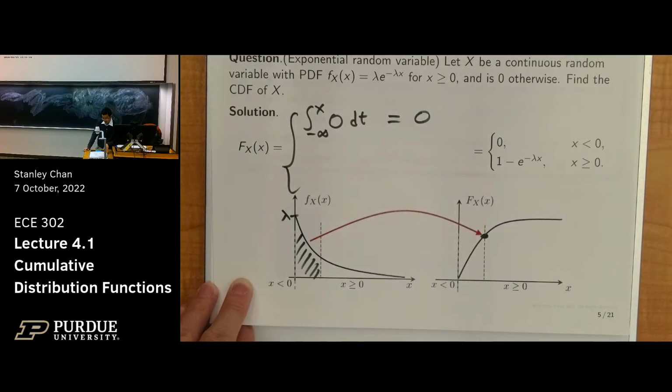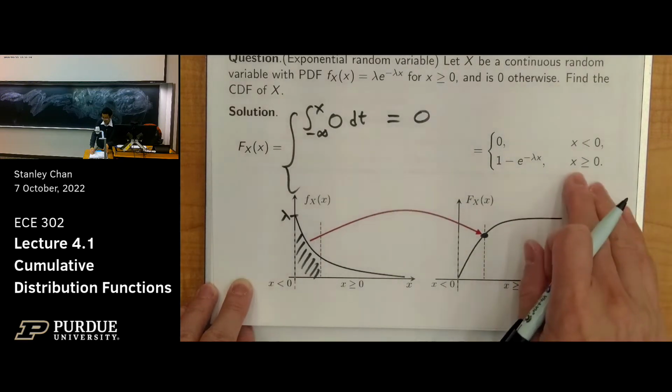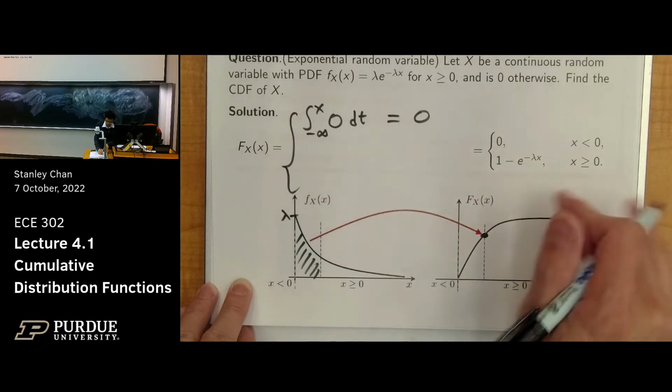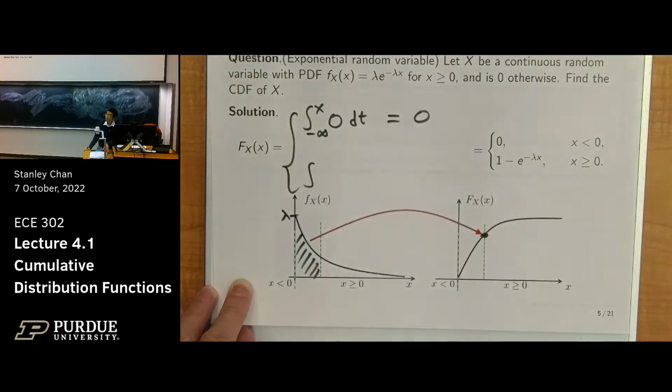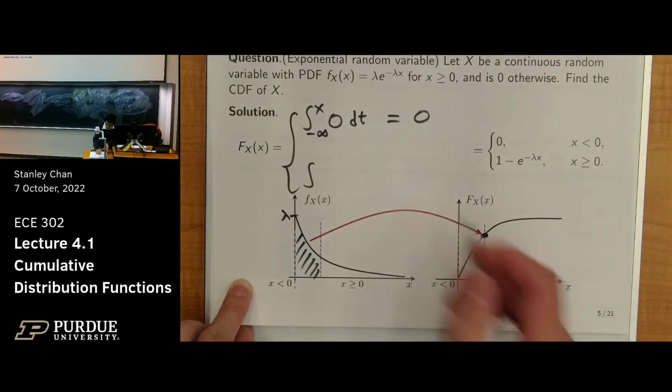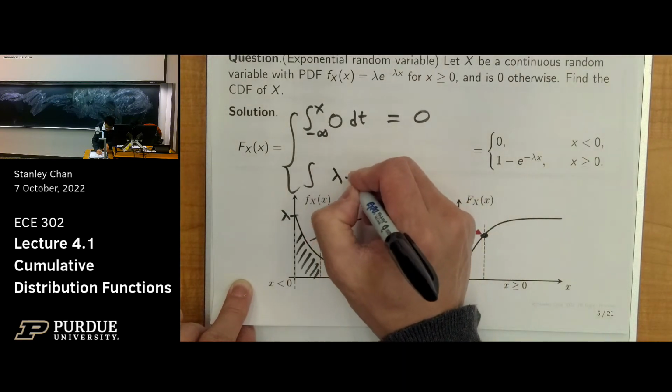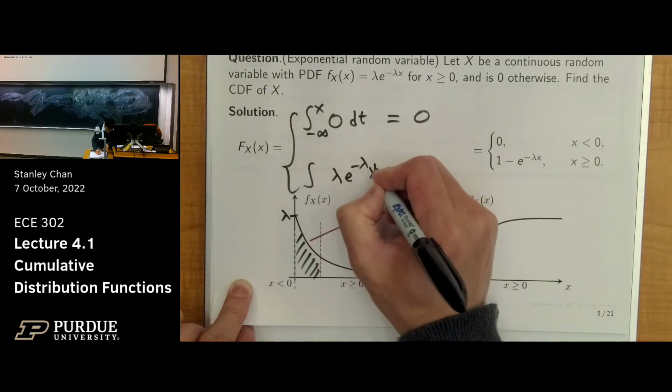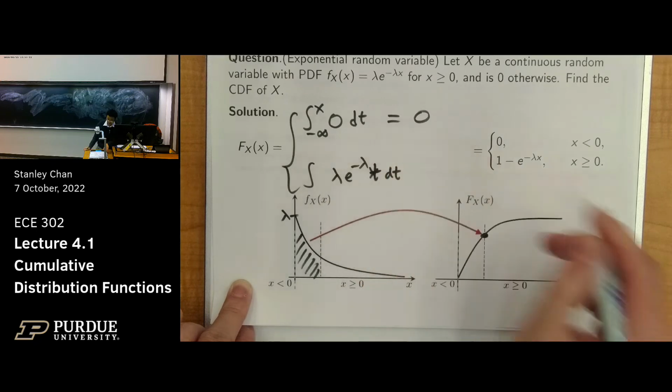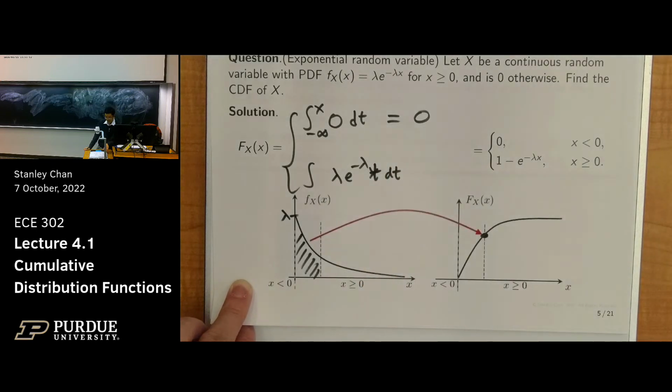Okay. Now, how about the positive case, when x is bigger than or equal to 0? Then you need to integrate lambda e to the minus lambda t dt. Where should be the range? Someone says minus infinity to x? 0 to x.